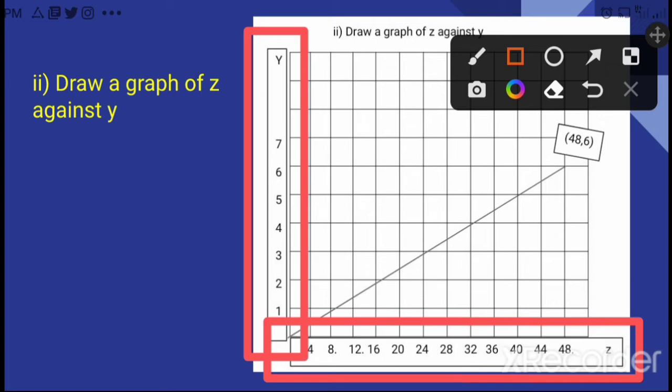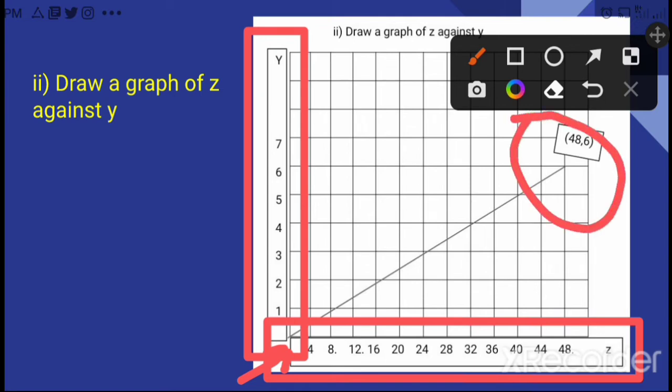So starting from the cross point of both axes, we will draw a line up to where both the values are cutting each other.